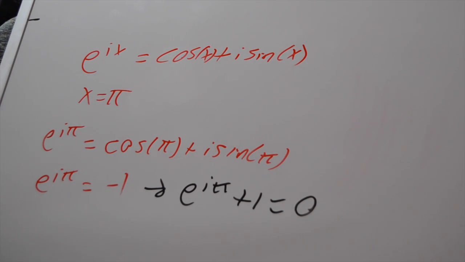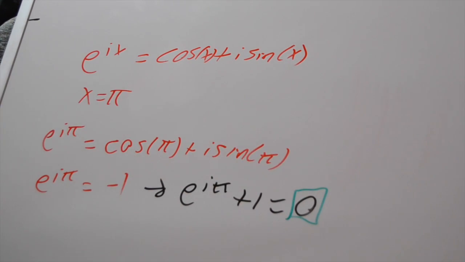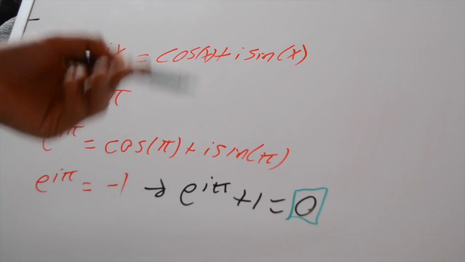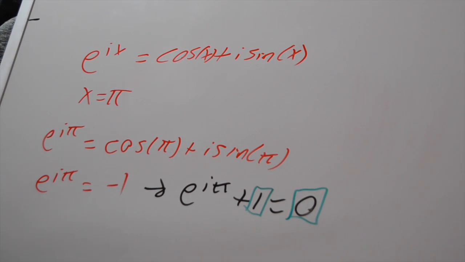There's the additive identity, where if you add 0 to any number, it's going to give you the same number. So the additive identity, 0. There's the multiplicative identity of 1, where if you multiply any number x by 1, you're still going to get the same number x. So that's 2 identities already in this identity.